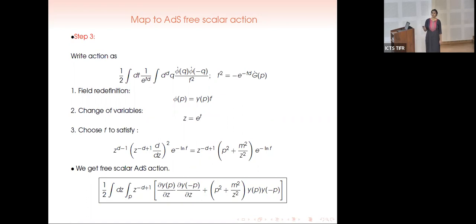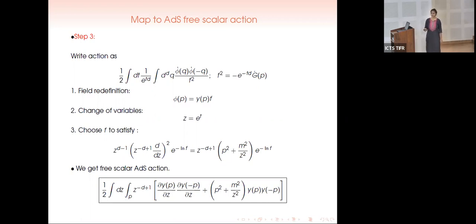Now we adjust G dot in such a way that it takes this form, and F is the new variable. Now we do the field redefinition, phi p as Yp into F, and change of variable Z as e to the power t, and choose F to satisfy this following constraint, so that it looks like AdS free scalar field theory. With these three things done, we get the free scalar AdS action.